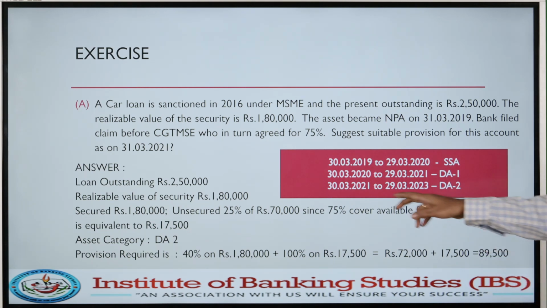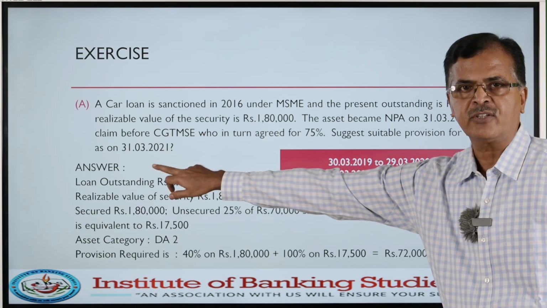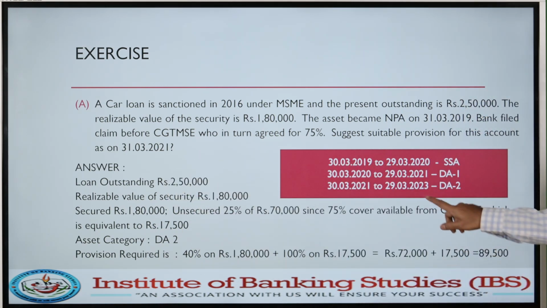So now we can say that as on 31 March 2021, the asset is in DA2 category. DA2 category attracts 40% for the secured portion and 100% for the unsecured portion.